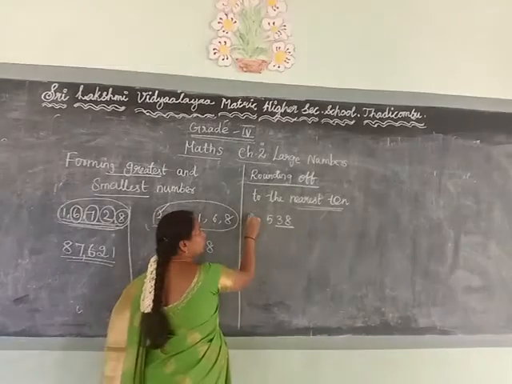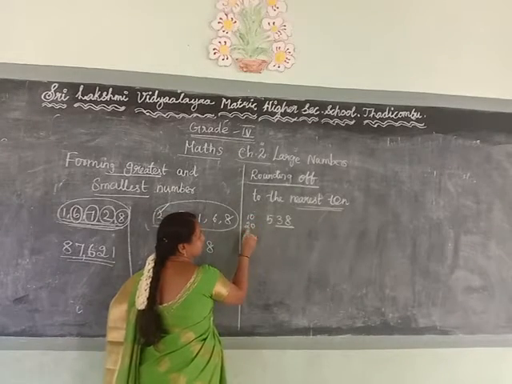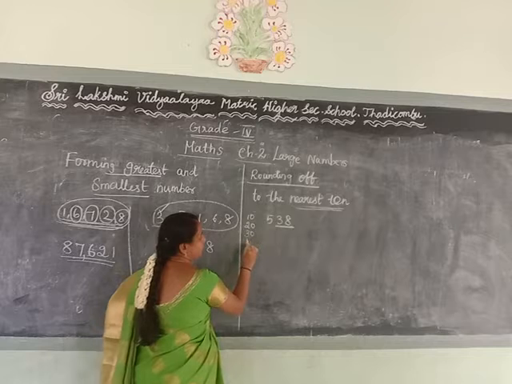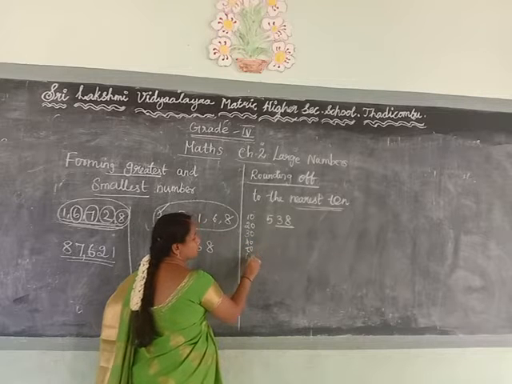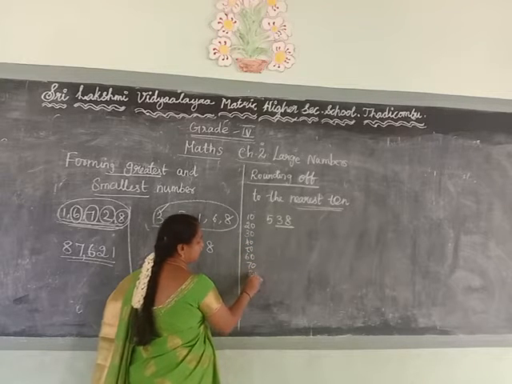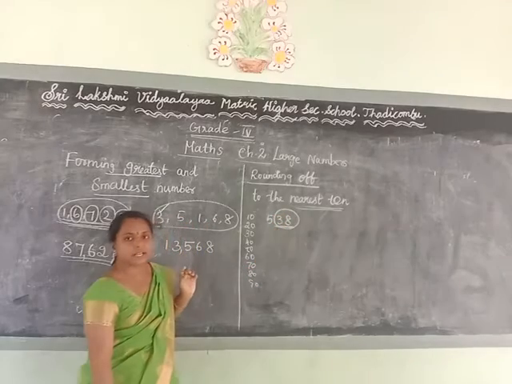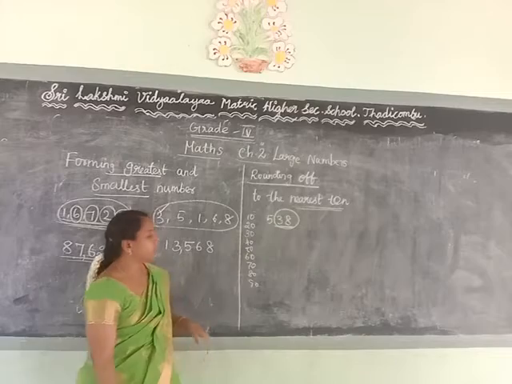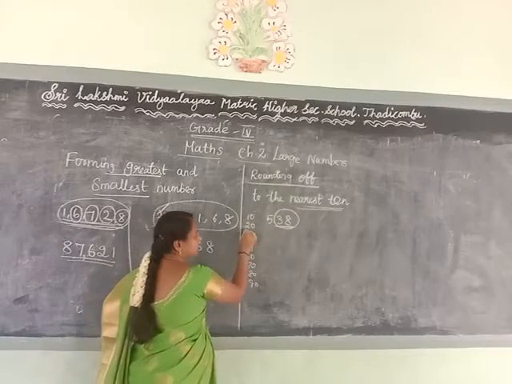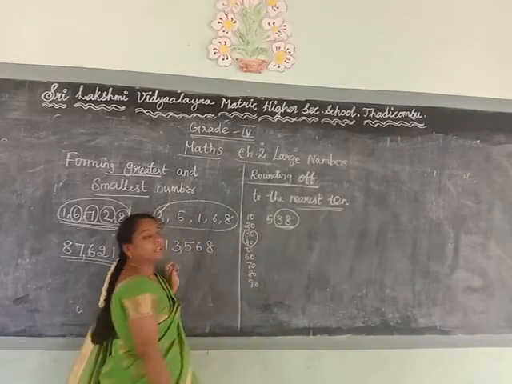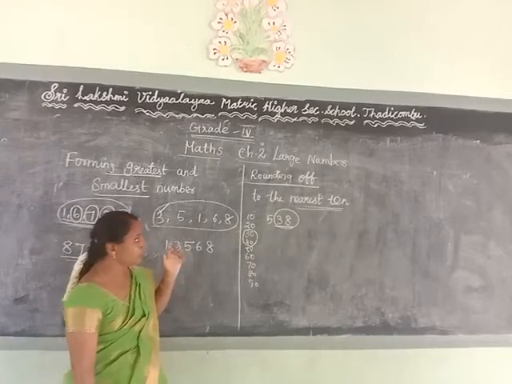We all know the tens places: 10, 20, 30, 40, 50, 60, 70, 80 and 90. So between which two tens is this 538 lying? It lies between 530 and 540.